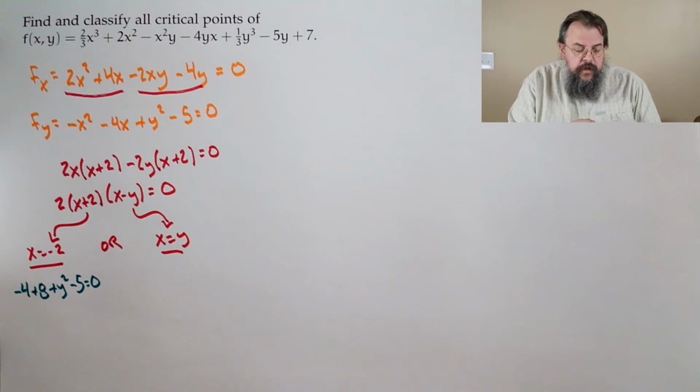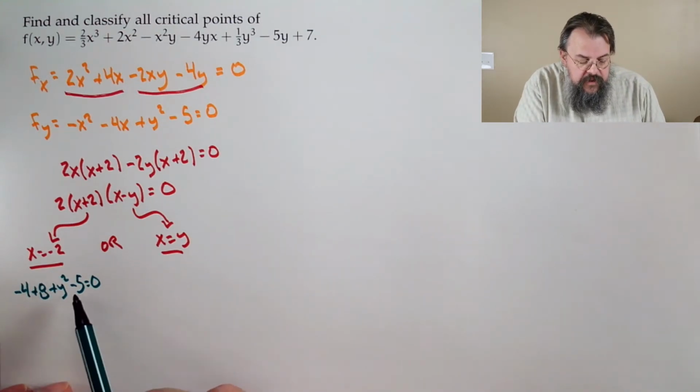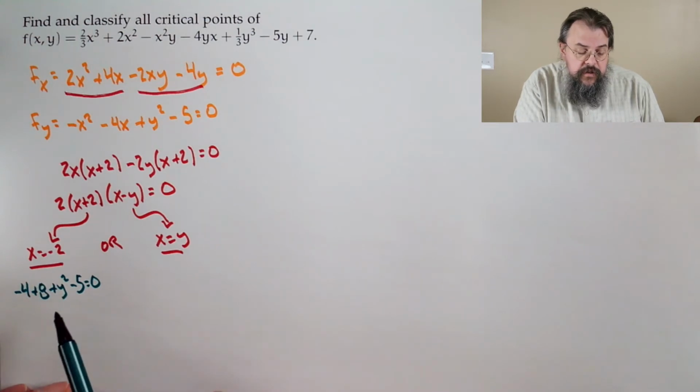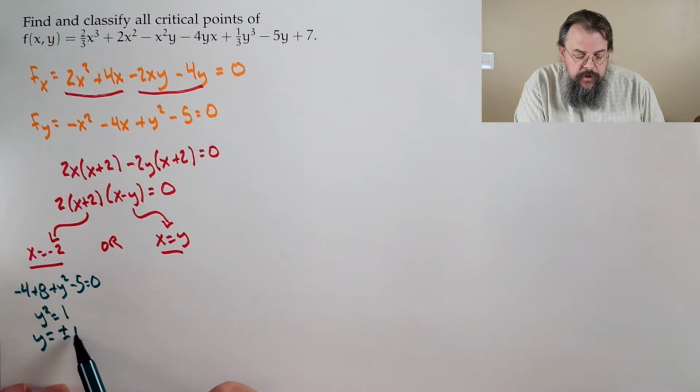And this is great. Because really, what does that say? I have minus 9 plus 8 plus y squared equal to 0. That can only happen if y squared is 1, which says y is plus or minus 1.